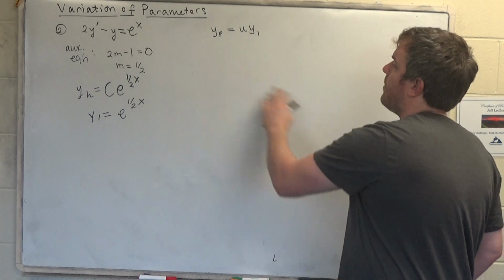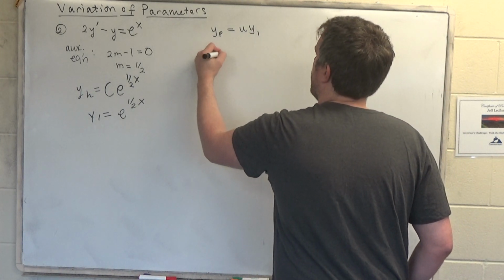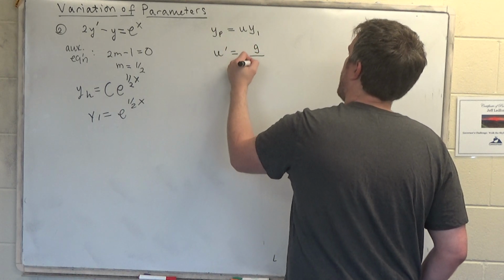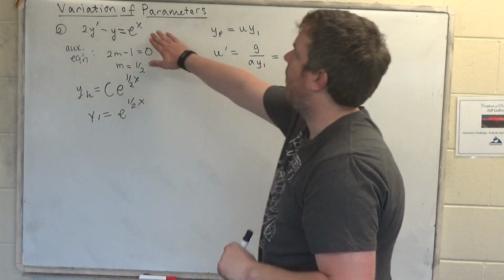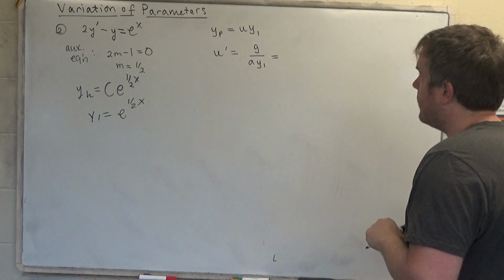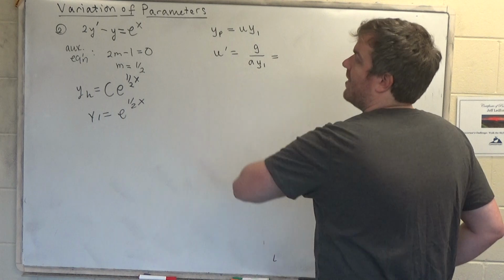So if you read back through the chapter, you'll find that there's actually a formula for this u. We get u prime is g over a y1. G is the thing that's making it non-homogeneous. So we fill in this formula, and then we're going to have to integrate.